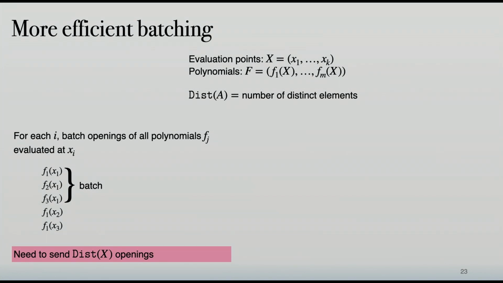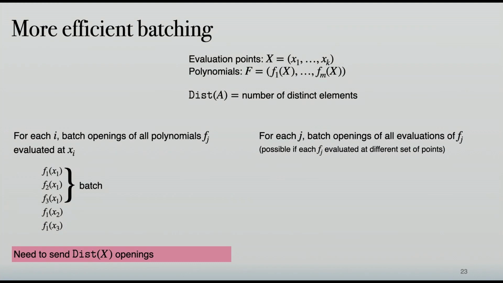On the other hand, we can do things the other way around. For each j, we can batch the openings of all evaluations of fj. So we have all these polynomials f1, f2, f3, and we can batch all the openings of f1, all the openings of f2, all the openings of f3, regardless of the number of points they are opened at.